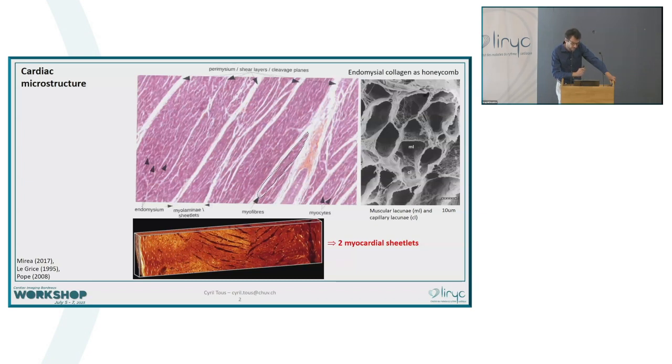Most of the thickening, the 40% increase of the wall thickness, is from the sheetlets sliding onto each other. You can see those sheetlets on the orange image as well. You have two populations of sheetlets, which are orthogonal at midwall, and these gaps between them allow them to slide onto each other.